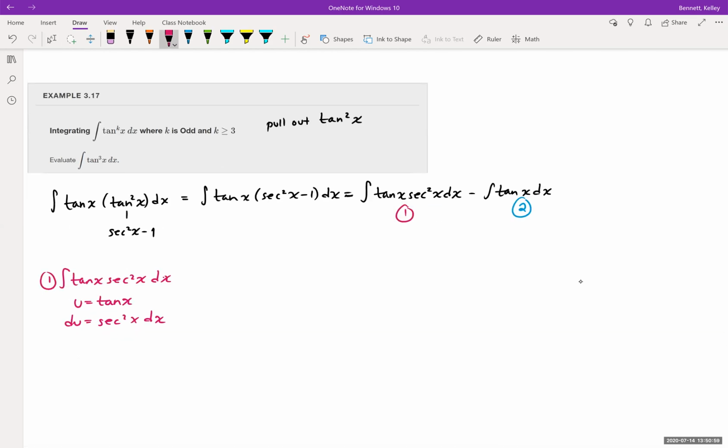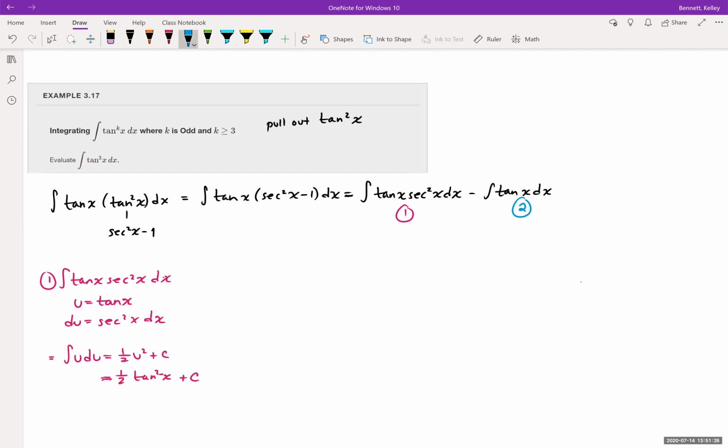So here I'm going to get the integral of u du, so 1/2 u squared plus c, and then I back sub 1/2 tan squared x plus c.